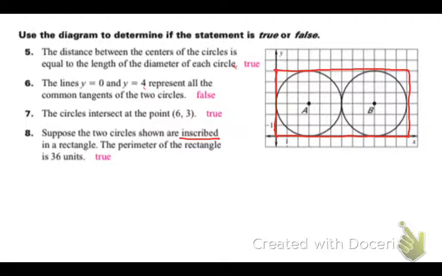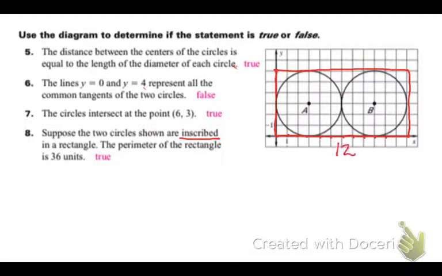Okay, so the perimeter of this rectangle is 36. Well, let's see. Remember, perimeter is the fence around the rectangle, and the length of this side of the fence is 1, 2, 3, 4, 5, 6, 7, 8, 9, 10, 11, 12.